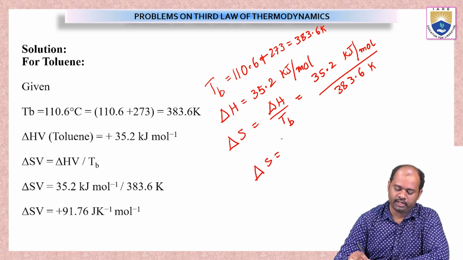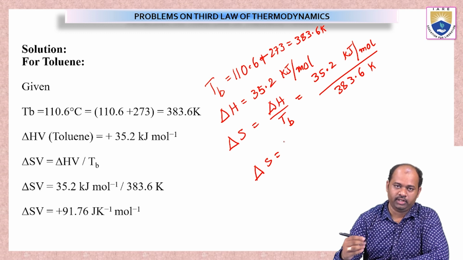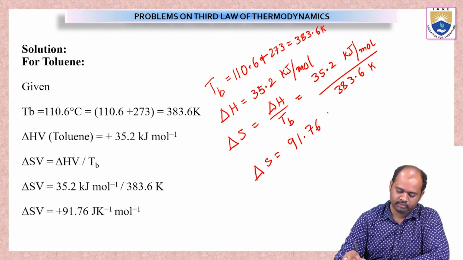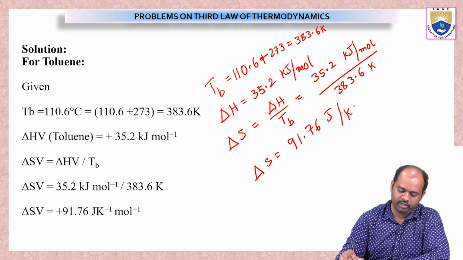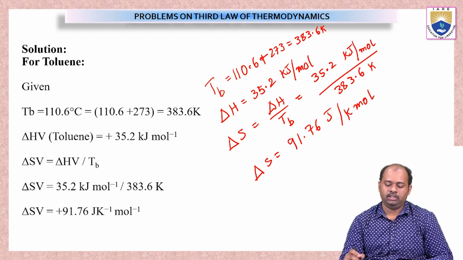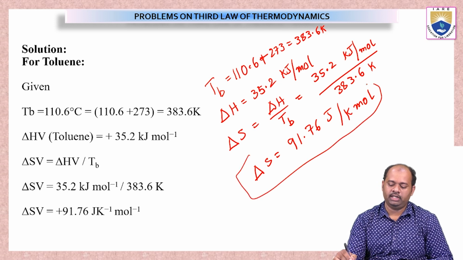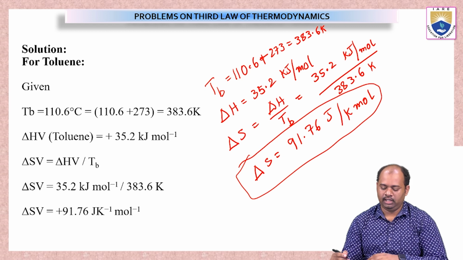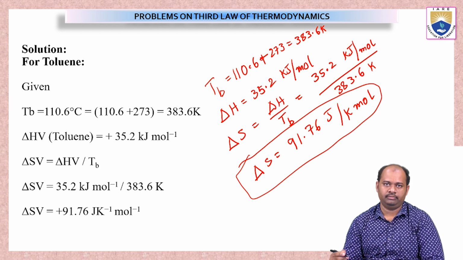The amount of entropy which will be seen in the system is 91.76 joules per Kelvin per mole. K stands for Kelvin. So this is the amount of entropy that is observed when the system is at the boiling point temperature.